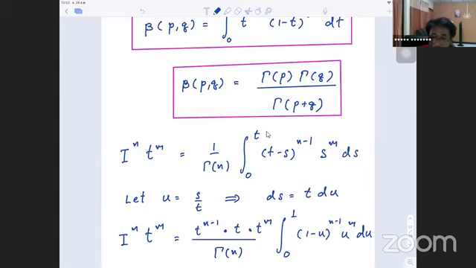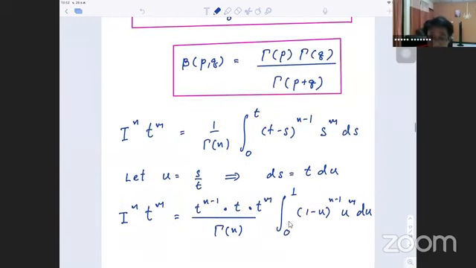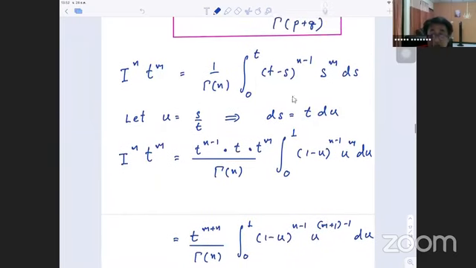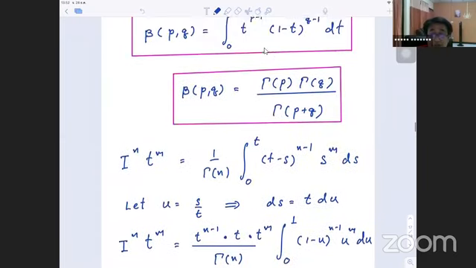If s equal to t, t over t, u equal to 1 here. Okay, then du integration from 0 to 1. By changing variable. After that, this is the formula of beta function.